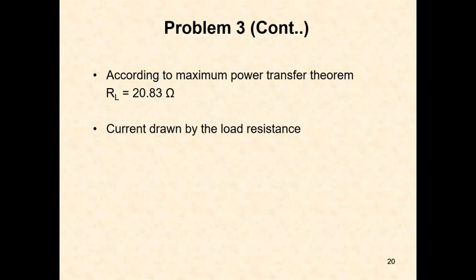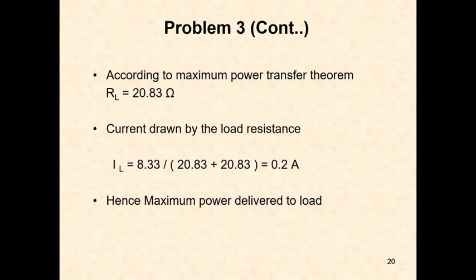The current drawn by the load resistance is IL equal to 8.33 divided by 20.83 plus 20.83. So how much? It is equal to 0.2 amps. Hence the maximum power delivered to the load is equal to I squared into RL.